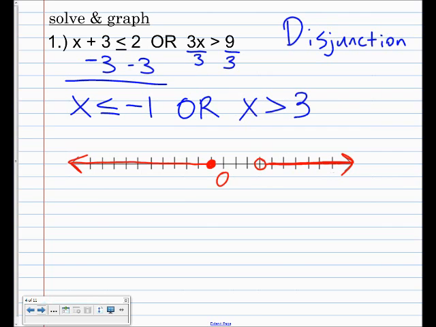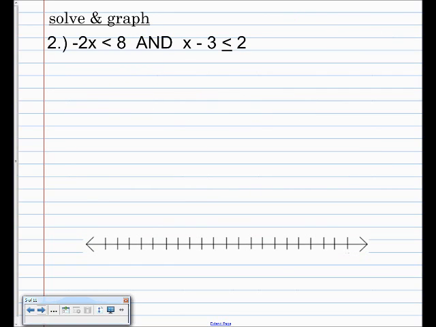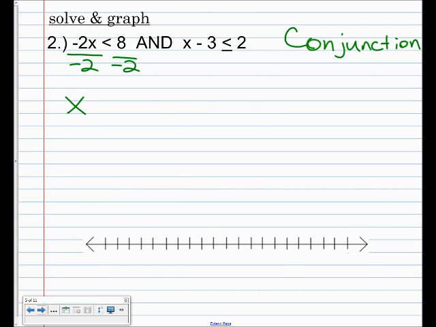All right, let's go to a conjunction because I'm using the word and. All right, so again, on the left side, how am I going to isolate that x? Divide by -2. You should have alarm bells going off. Why are alarm bells going off in your head?